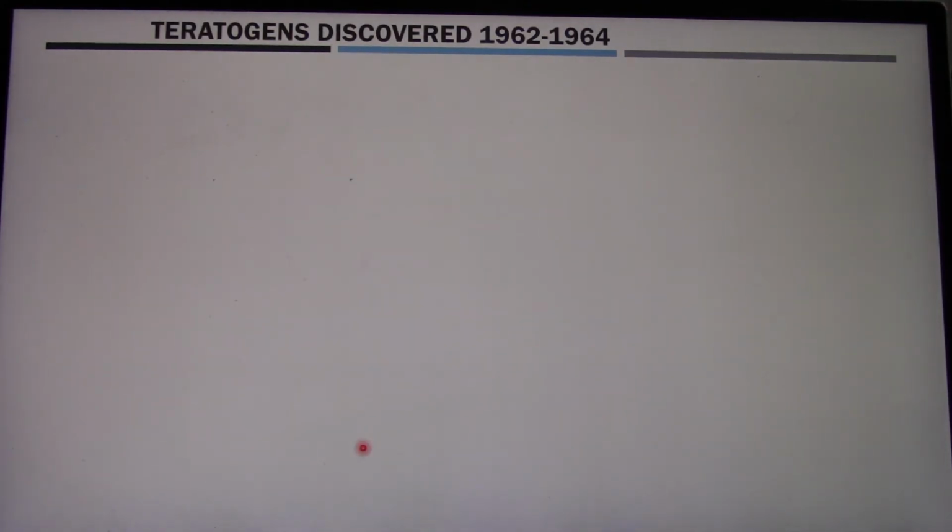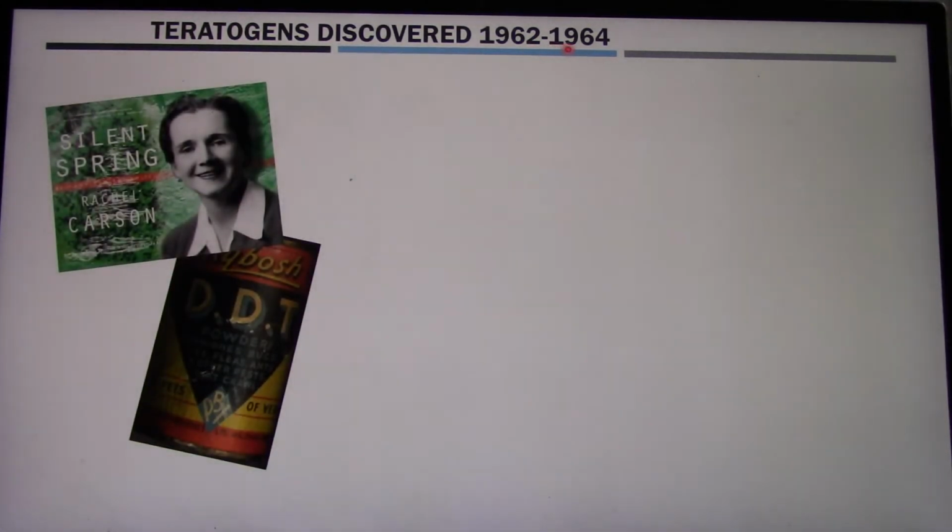So teratogens were discovered in 1962 to 1964, and this lady here, Rachel Carson, was among the folks who called attention to the impact of the pollutants on our environment.